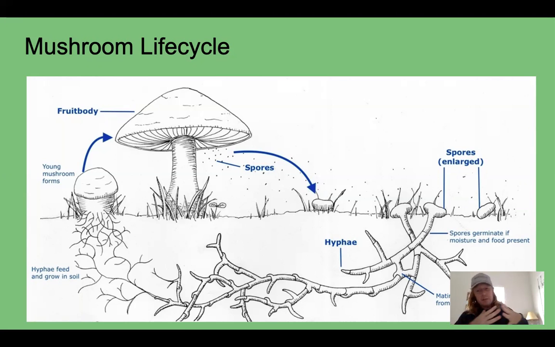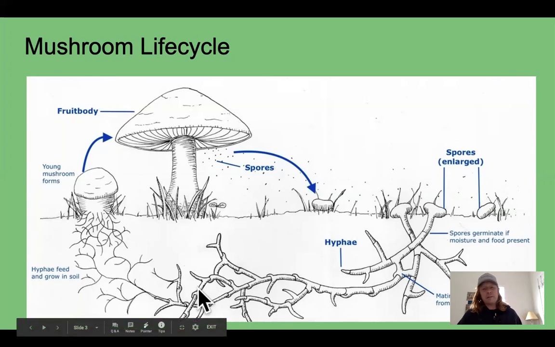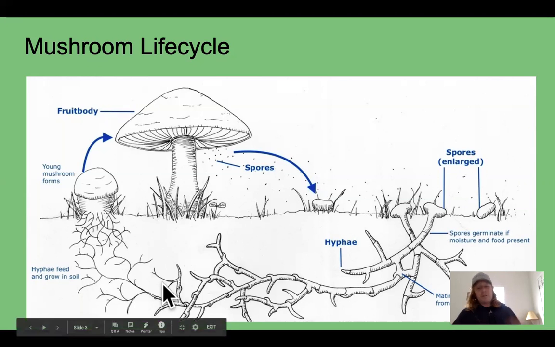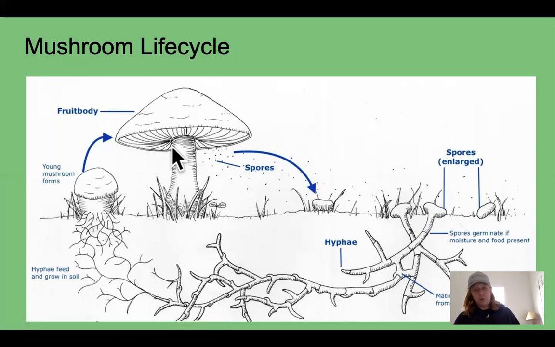They find a compatible individual and they merge. They exchange genetic material, and then they can grow forward in their lifespan as a complete genetic individual, as a whole self. When they've amassed enough nutrient, or perhaps they happen across hard times and feel the need to reproduce, that's when the young mushroom starts to grow. And again, we then have the mushroom, the above-ground reproductive portion of the fungus.